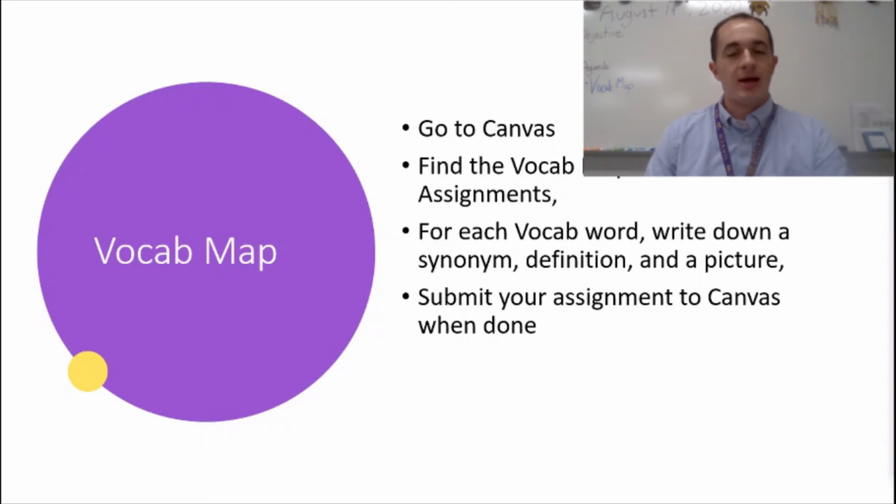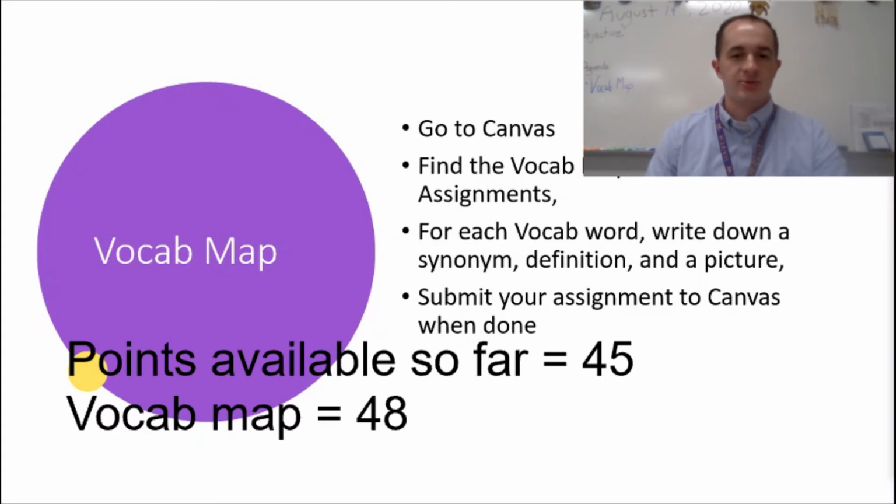So I want to reiterate how important it is that you do this assignment, because if you did the first 2 assignments or the first 3 assignments and then didn't do this one, your grade would still be below a 50% just because you didn't do the vocab map.